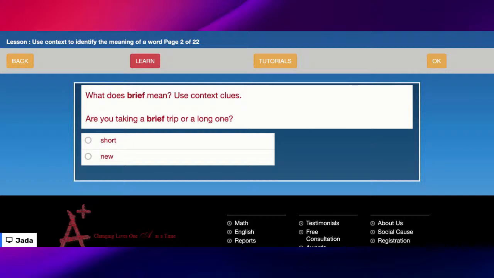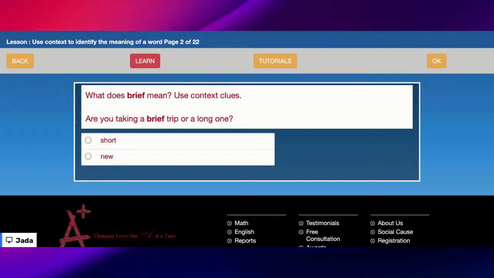Now, what does brief mean? Use context clue. Are you taking a brief trip or a long trip? Now, what is the most suitable answer here? Is it, are you taking a short trip or are you taking a new trip?